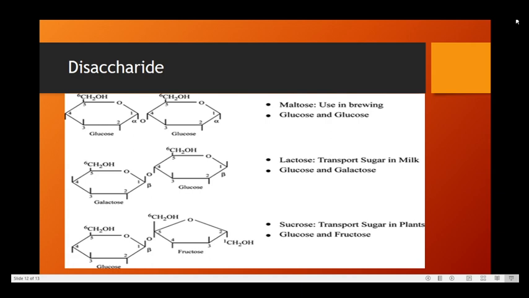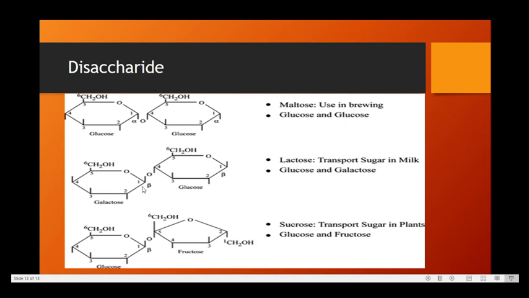So here in maltose you can see the linkage is alpha 1,4, that means the first carbon atom of one glucose and the fourth carbon atom of the other glucose molecule are joined in the formation of the glycosidic linkage. So the linkage is alpha 1,4 and it is used in the brewing process. In the lactose molecule the linkage is beta 1,4.